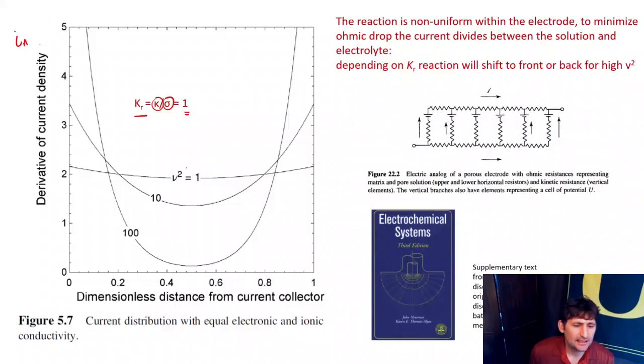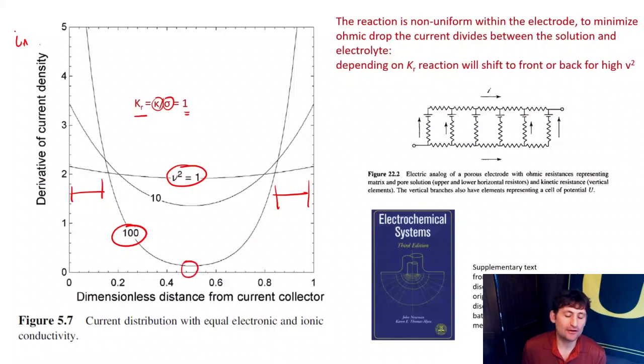And you can see if the ohmic and kinetic resistances are very similar, you have In is uniform everywhere, whereas if they're not, and it's dominated by transport, you only get reaction near the surface where electrons can move easily. And if they're different, you only get reaction near the back of the electrode where electrons can move easily, or the surface of the electrode where ions can get access to easily. And in the middle, where one of the two has to travel a long distance, you get no electrochemical reaction rate.